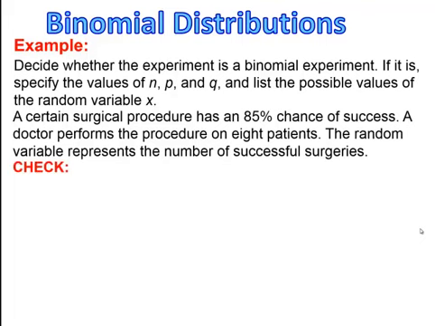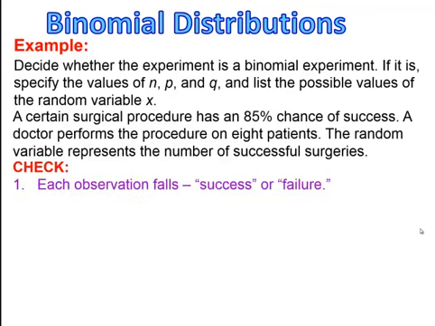So we're going to go through our checklist to see if it's a binomial distribution. The first is, does each observation fall into success or failure? In this case, the surgical procedure has an 85% chance of success, and failure would be that the surgery was not a success.